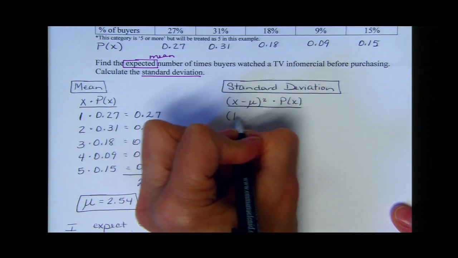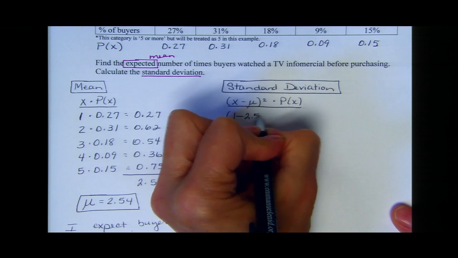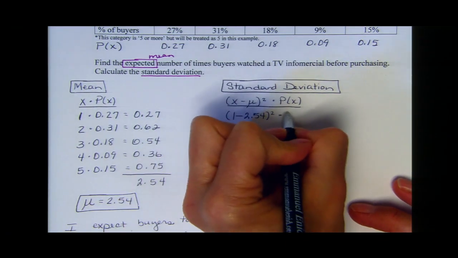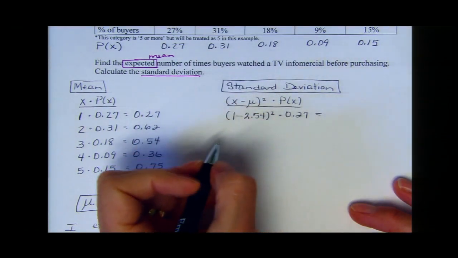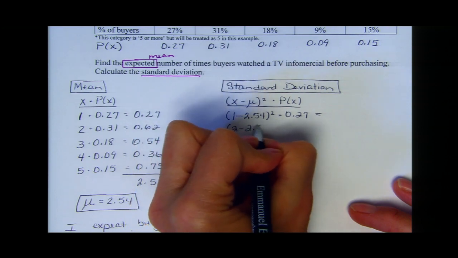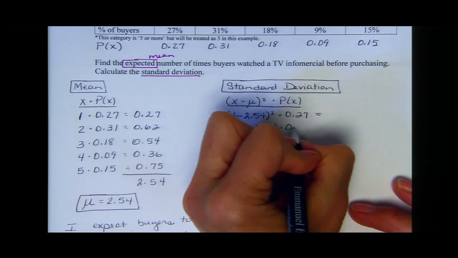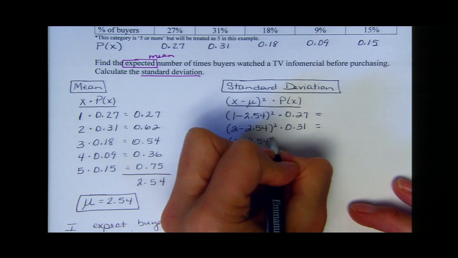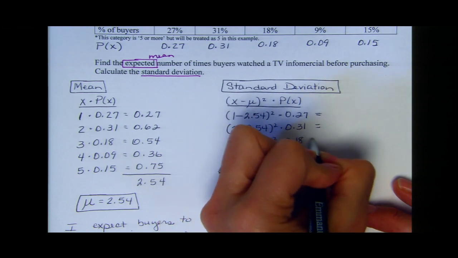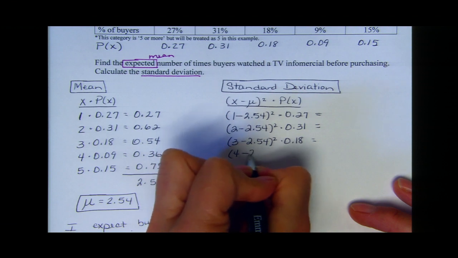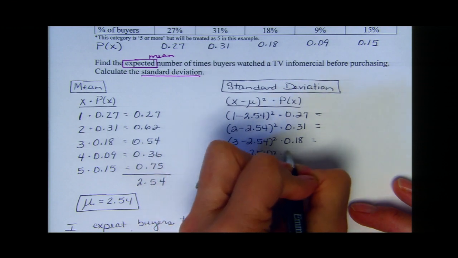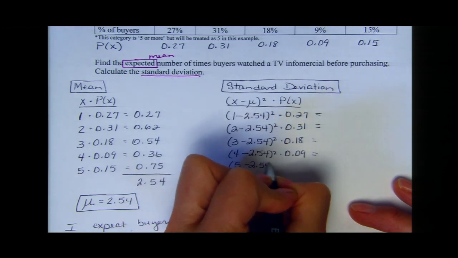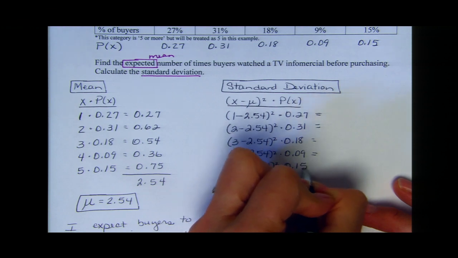So we're going to have 1 minus 2.54 squared, and here's where I'm getting the 2.54, times 0.27, 2 minus 2.54 squared times 0.31, 3 minus 2.54 squared times 0.18, 4 minus 2.54 squared times 0.09, 5 minus 2.54 squared times 0.15.